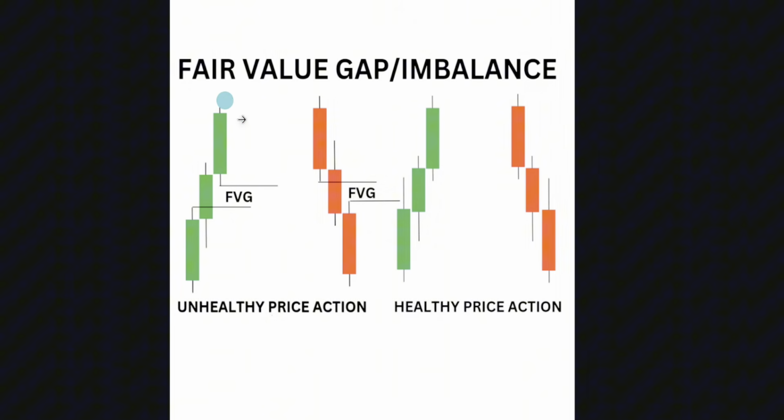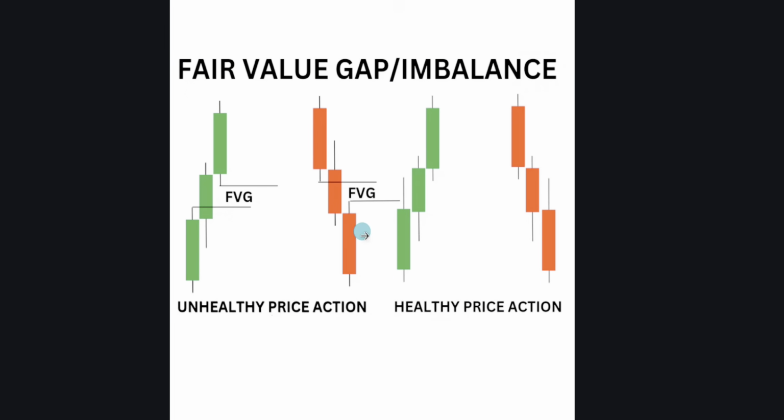In this bullish movement, this is the high of this candle and this is the low of this candle. So if you have a gap in between the high of this candle and the low of this candle, it is called a fair value gap. Now the colors of the candle do not matter. I'm just using this as an example.